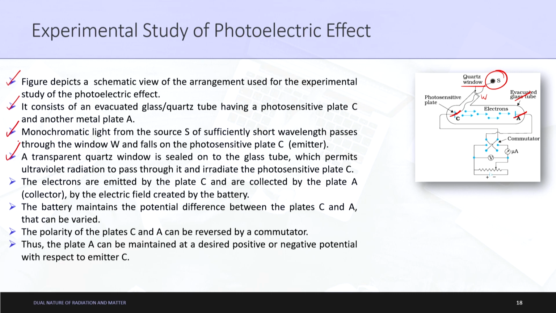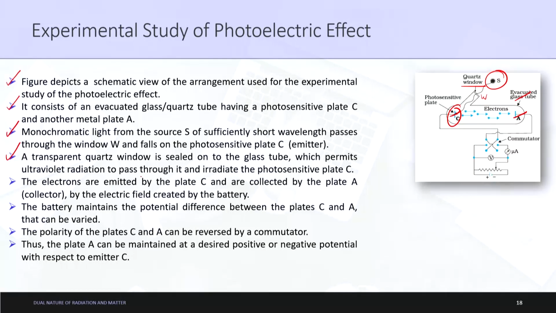Finally, the light which is irradiated on this photosensitive plate has a wavelength such that it is ultraviolet light, and ultraviolet radiation is impacting the metal surface, the emitter plate here. The electrons are emitted. As the electrons are emitted, this plate is called an emitter.